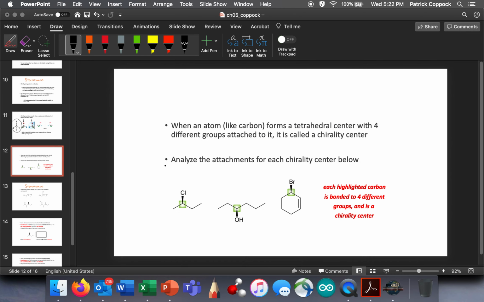All right? So when an atom like carbon forms a tetrahedral center, I said this in the previous slide, it has 4 separate groups attached to it. It's called a chirality center. Okay? That's a chiral center. Look at the attachments below and see if you can identify which carbons have a chiral center. All right? Can you see here that there's a hydrogen here, right?